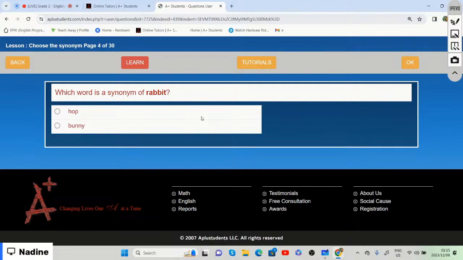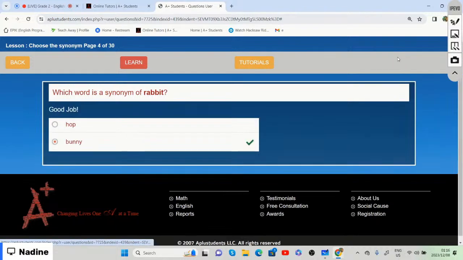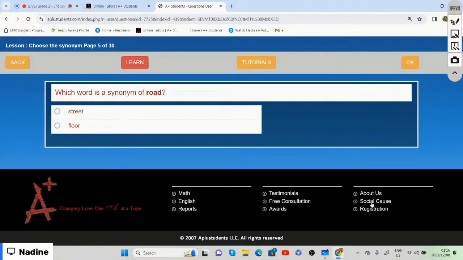Words that are similar in meaning. And the word that is similar in meaning to the word rabbit is a bunny, right? Another word for rabbit is a bunny.